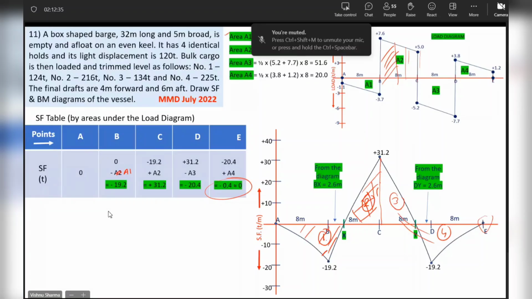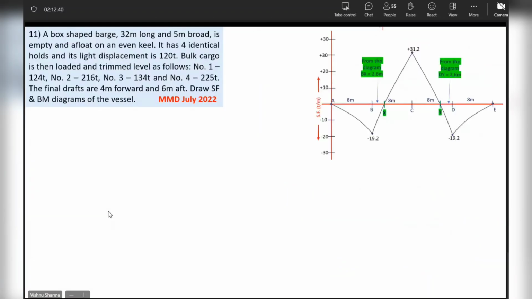Now I'll take you to the BM of it. Now what I have done is, I have divided it into certain areas. Area 1, area 2, area 3, area 4, area 5 and area 6.